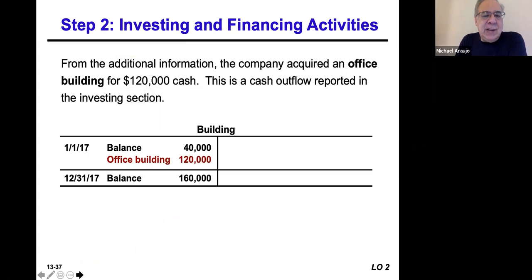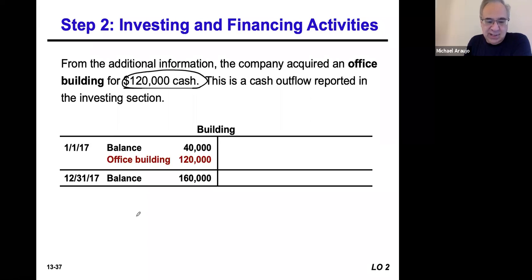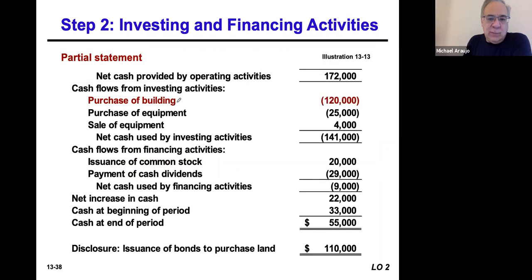What we need to understand, though, is that we did use cash for a few big things. For example, we bought a building for $120,000 in cash. So if you used $120,000 in cash to buy a building, that's a use of cash. That's cash going out. So the purchase of a building would show in parentheses, indicating a use of cash.